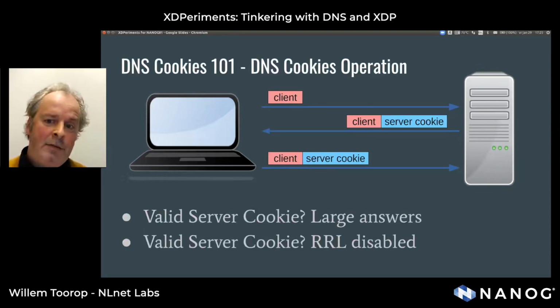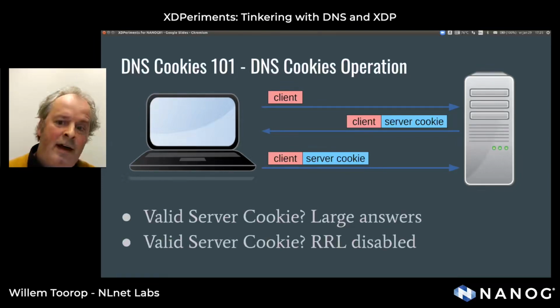The next time the client needs to contact the server, it brings along the learned server cookie. And in this way, the server knows that the client IP, at least, is not spoofed. So it's a bit like a TCP handshake, but more lightweight because the server does not need to maintain client state. So if you have a valid server cookie, you are not subject to response rate limiting.